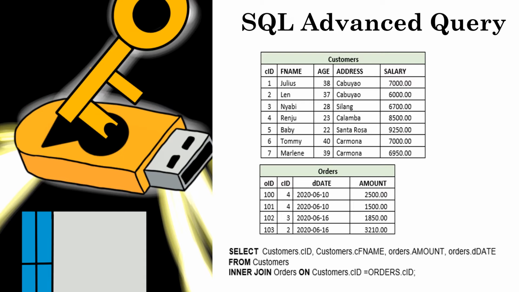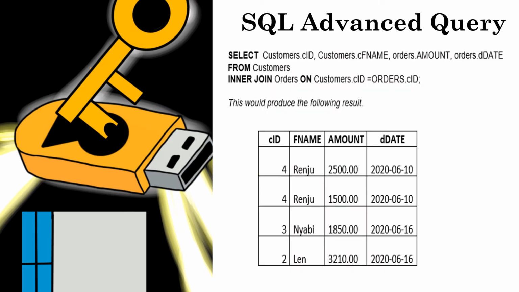So we are joining the two tables, the customers and the orders, using the inner join clause. Using those two tables that we discussed, this will produce the following results.